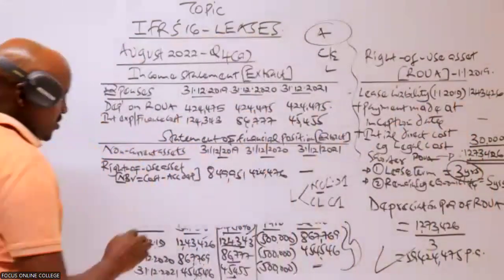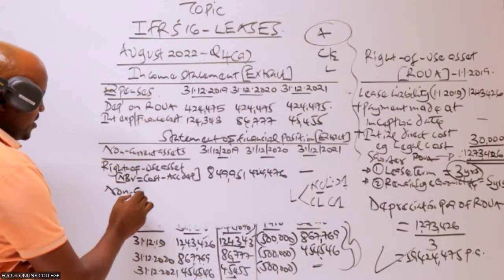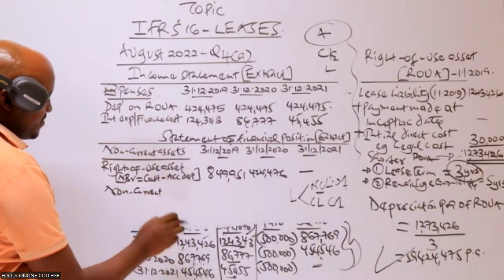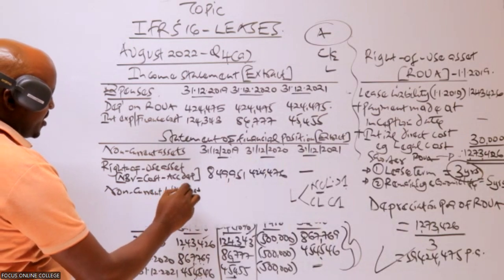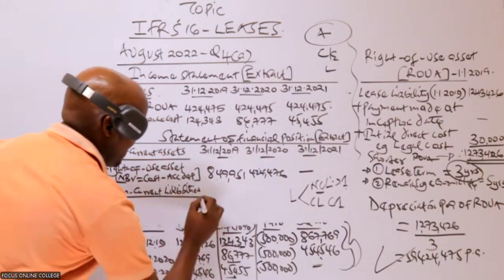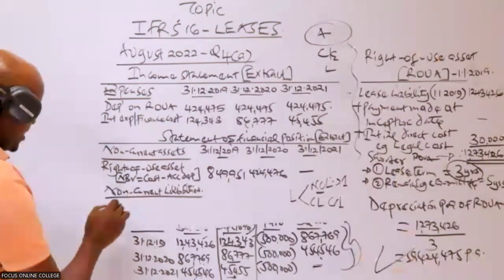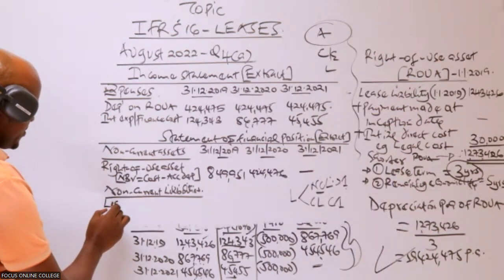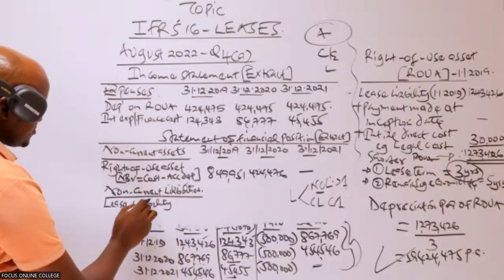I will show you how to do that split. A part of the lease liability will be recognized here as a non-current liability. So basically under the non-current liabilities, we will have something called the lease liability.